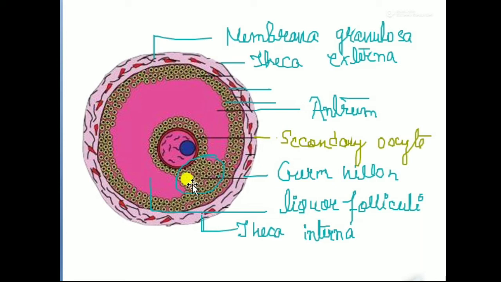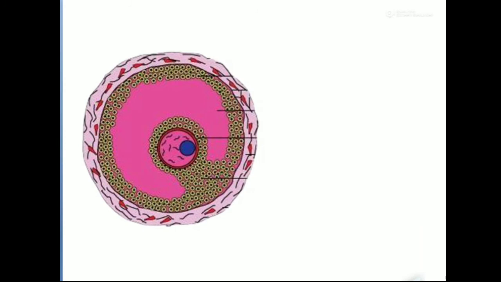After ovulation, the Graafian follicle ruptures, and the secondary oocyte is released. Otherwise, the secondary oocyte is not able to be released, because before ovulation the Graafian follicles are intact, but after ovulation the Graafian follicles are ruptured, so the secondary oocyte is released.